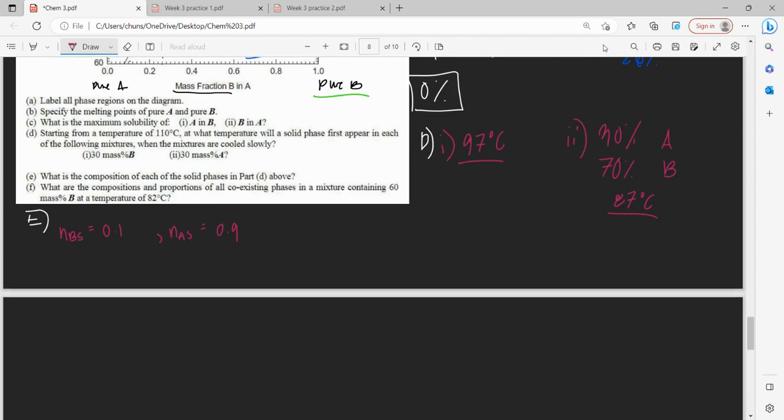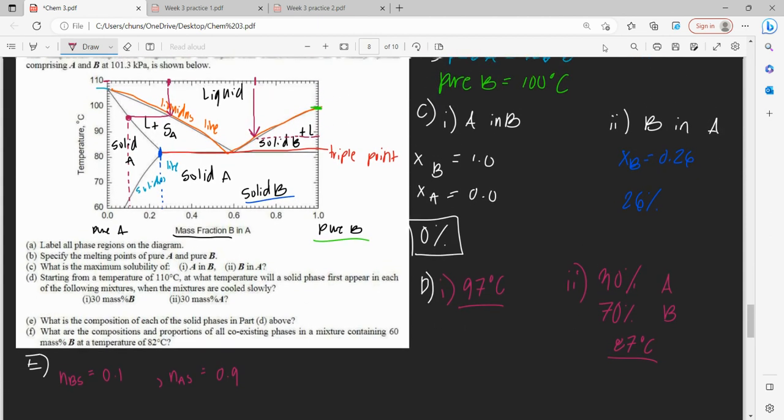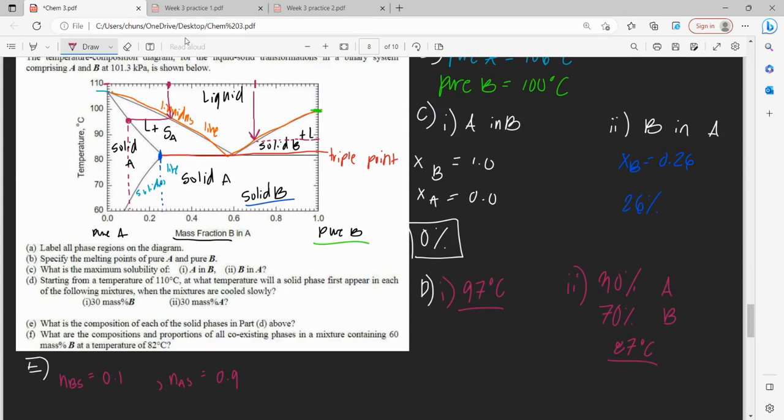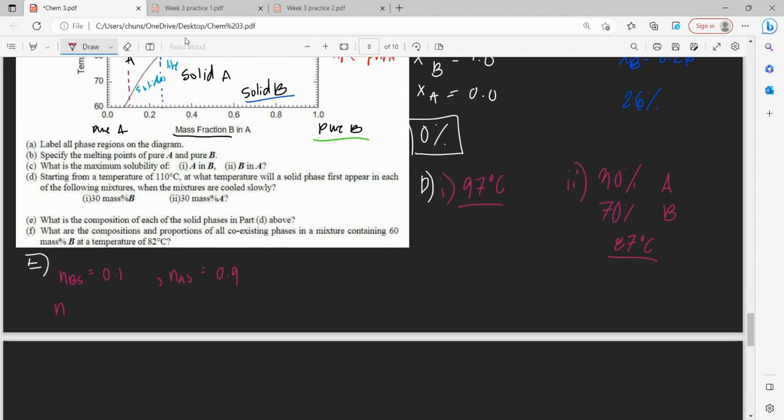So the two of them add up to be 1. And since we're already given the liquid composition, sorry, for the liquid, my bad, this is 0.3, which we're given, and then for A, 1 minus 0.3, that's 0.7.